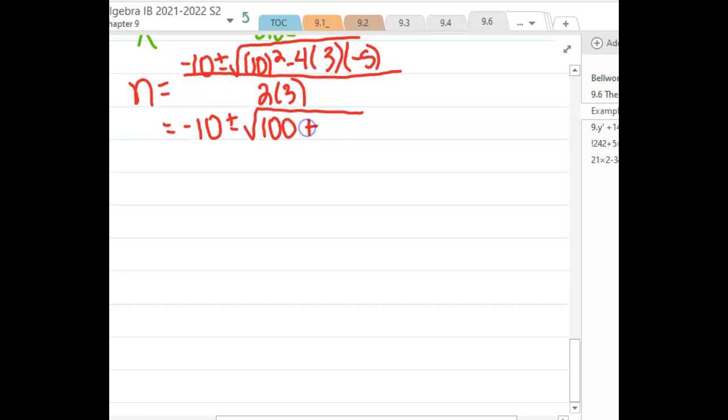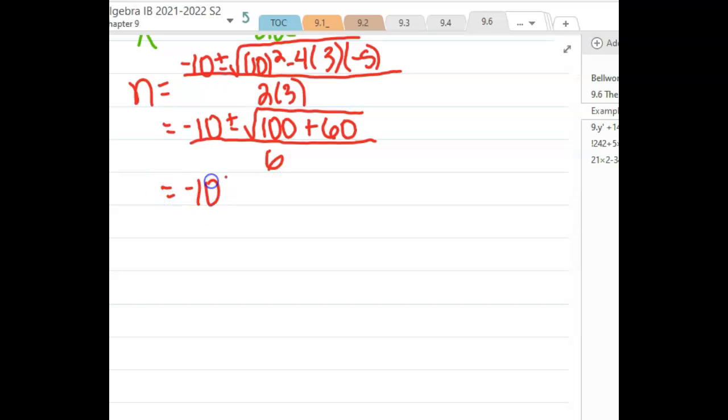A positive. 4 times 3 is 12. 12 times 5 is 60. All over 2 times 3 is 6. So we get negative 10 plus or minus. When I add those together, I get 160 over 6.